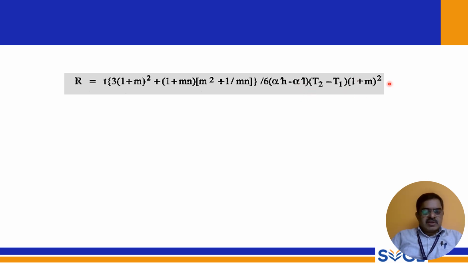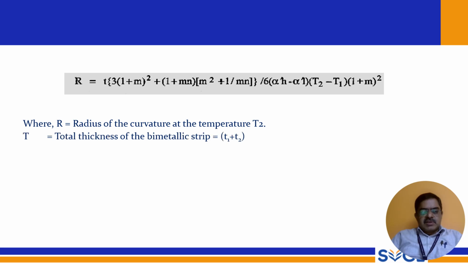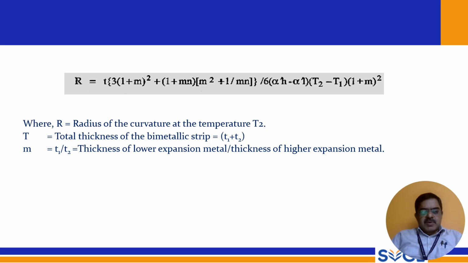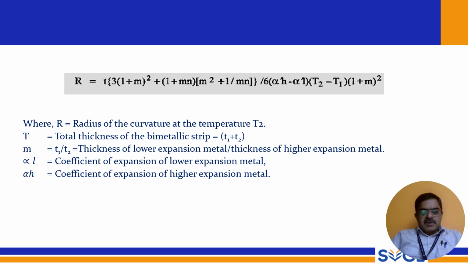This is the relation used for a bimetallic strip, where R is the radius of curvature at temperature T2, t is the total thickness of the bimetallic strip, t1 plus t2, and m is t1 by t2, the thickness of the lower expansion metal divided by the thickness of the higher expansion metal. αL is the coefficient of expansion of the lower expansion metal and αH is the coefficient of expansion of the higher expansion metal. T1 is the initial temperature and T2 is the actual temperature.